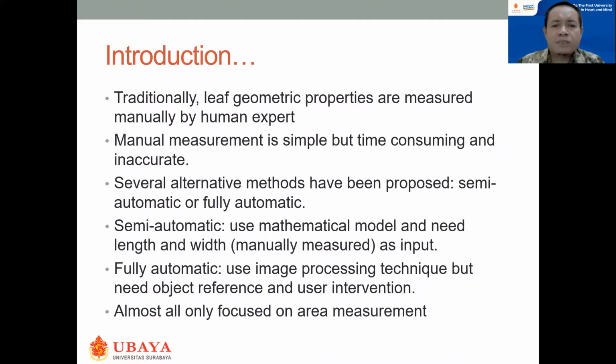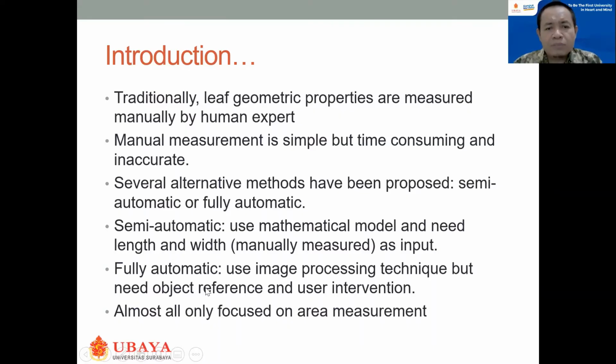In the semi-automatic system, usually the system uses a mathematical model to estimate the area of the leaf based on length and width that are manually measured by human as input to the model. So the accuracy of the semi-automatic system will also depend on the accuracy of manual measurement of length and width.